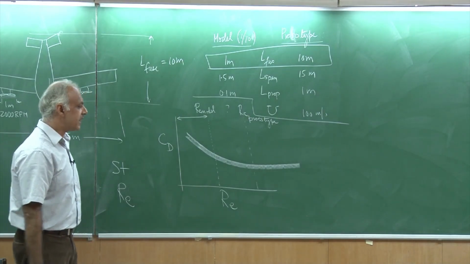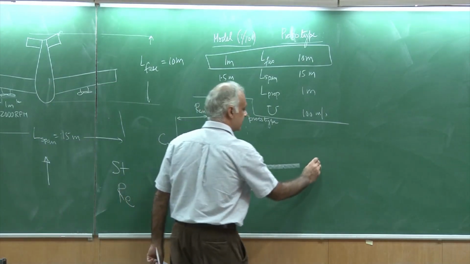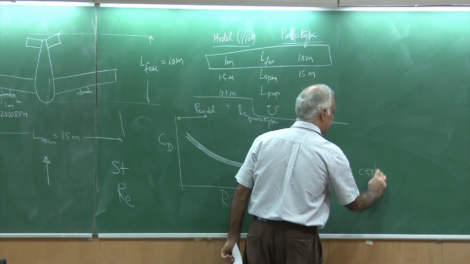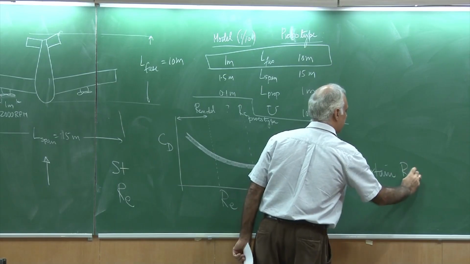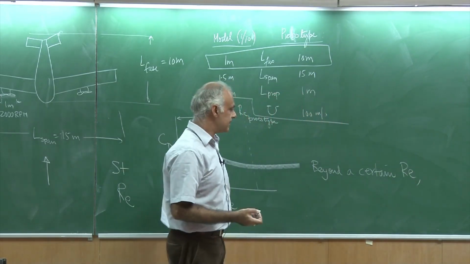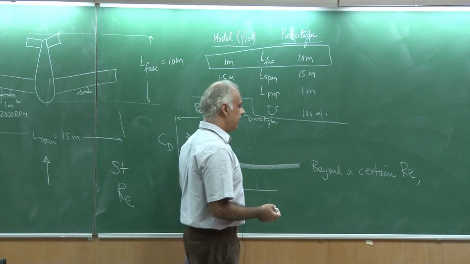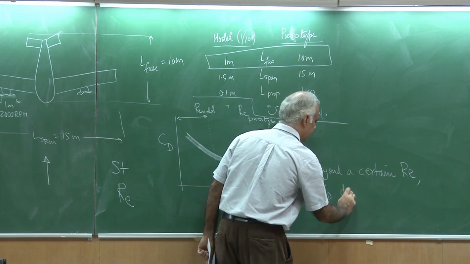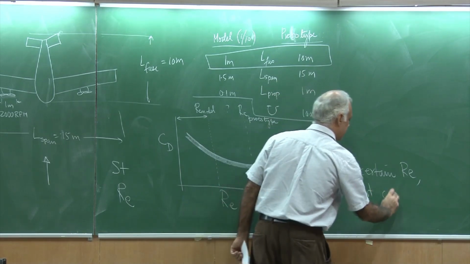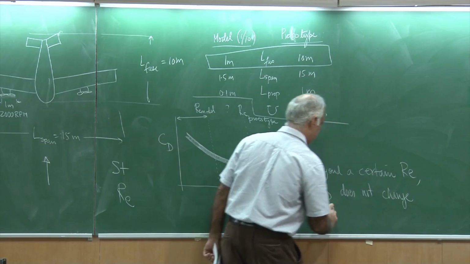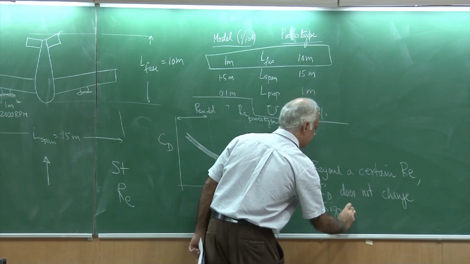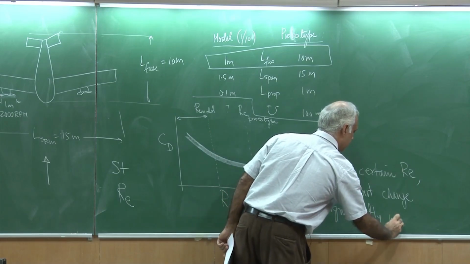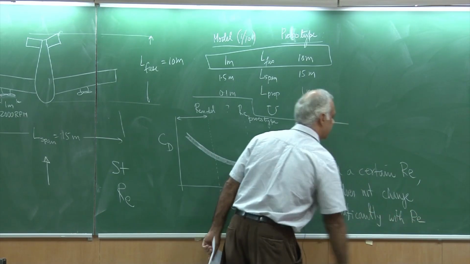In fact, what people see is that beyond a certain RE, which we do not know what it is in general, we will have to figure that out, CD does not change significantly with Reynolds number.